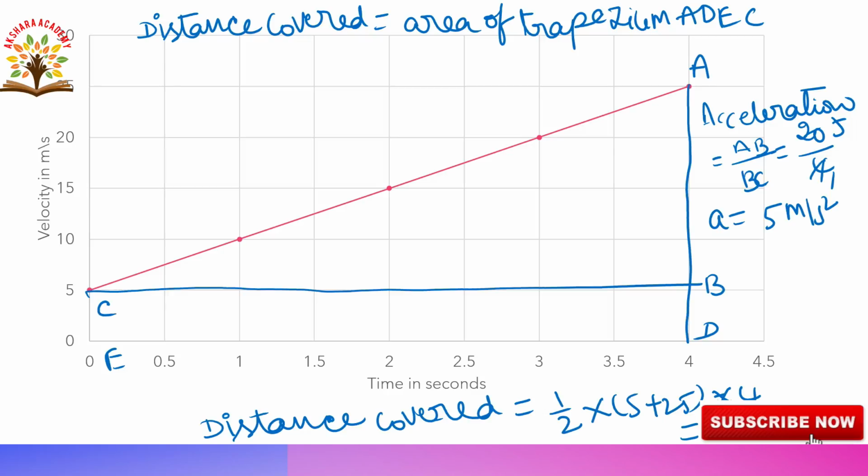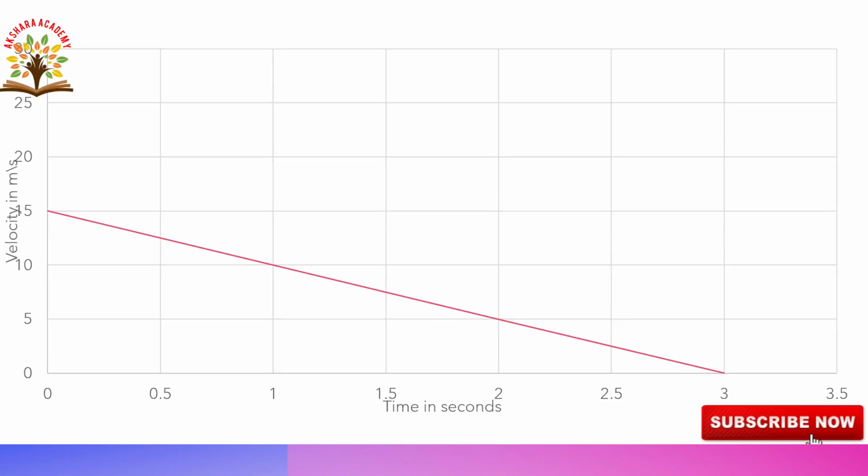Next go to case 3, when the velocity time graph is also a straight line but not parallel to the time axis. This is also a graph which is a straight line, not parallel to the time axis. Here also we are taking velocity on the y-axis and time on the x-axis, and calculating the acceleration of this graph. Acceleration a is equal to the slope of the graph line AC.